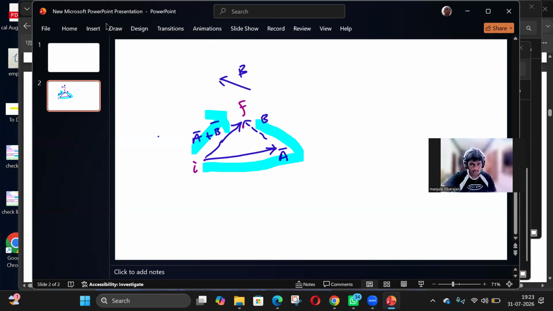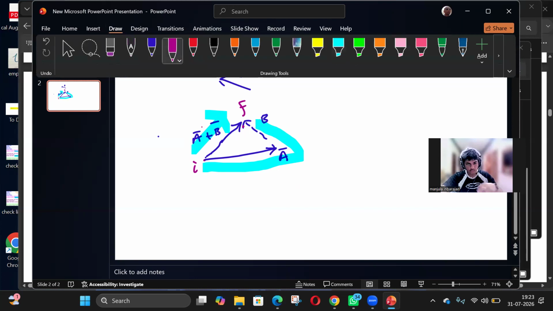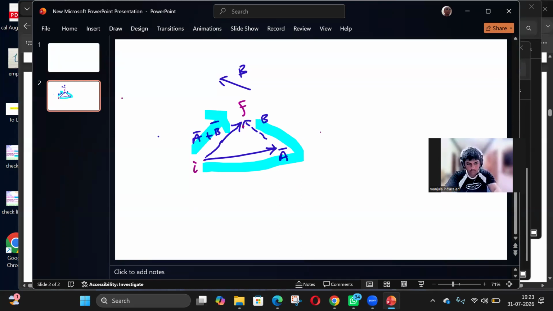Parallelogram law is that you have to join the tails together and complete the parallelogram. Instead of putting the B vector touching the head of the A vector, both the tails should touch. So the A vector is like this, and I move the B vector like this, parallel to itself. Now I have to complete this parallelogram.